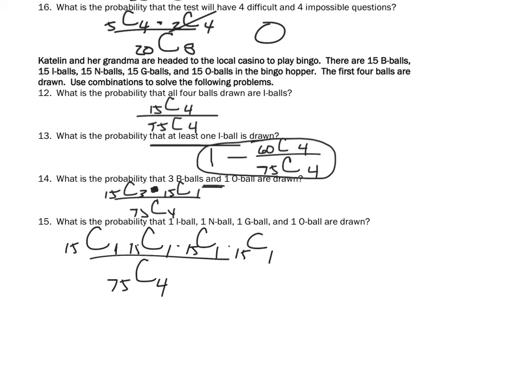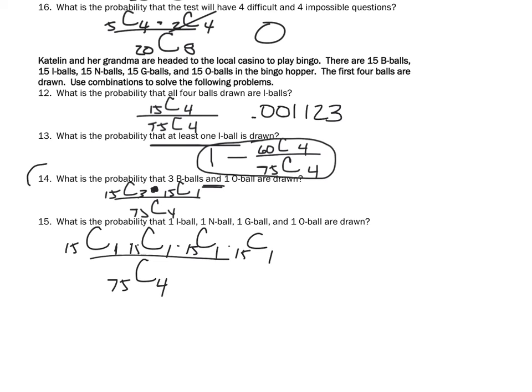Once again, just showing you some of the answers here using combinations. That number 12, which is 15 combination 4, and I'm dividing by 75 choose 4, comes out to be 0.001123. Very unlikely that you'd get all I-balls chosen from that.